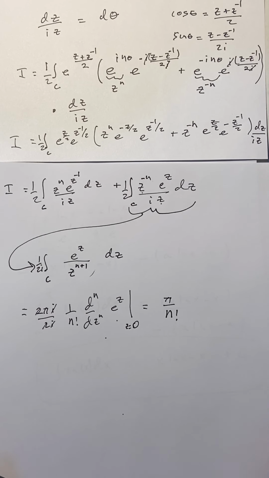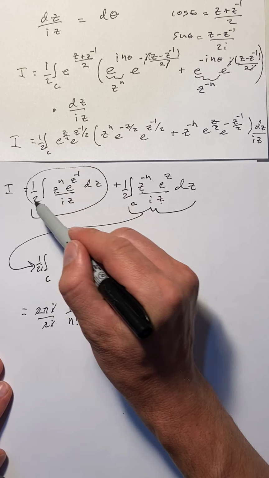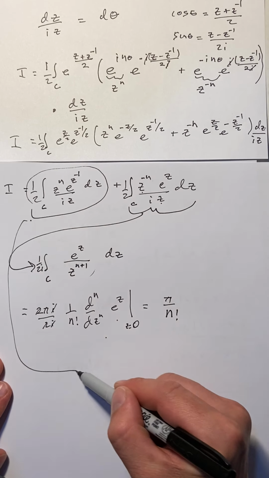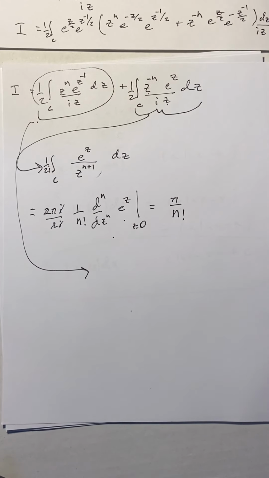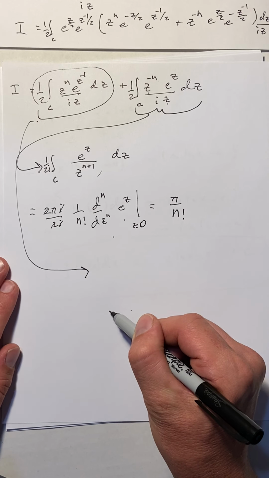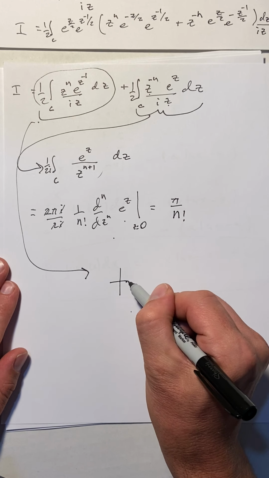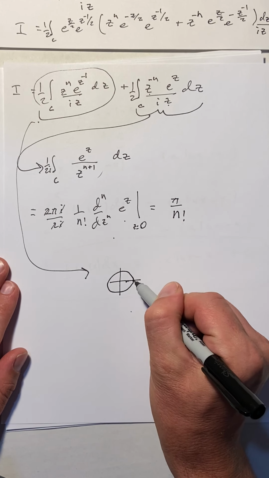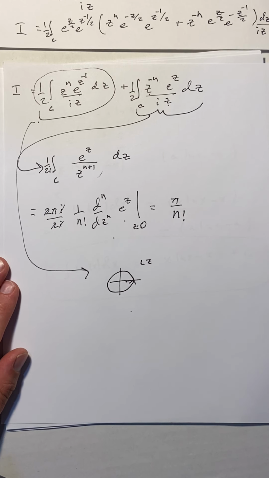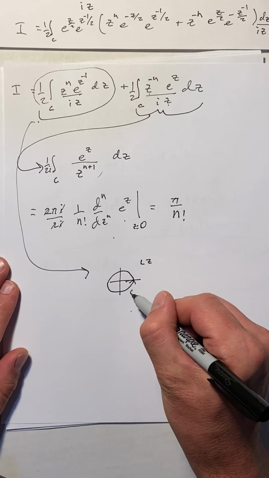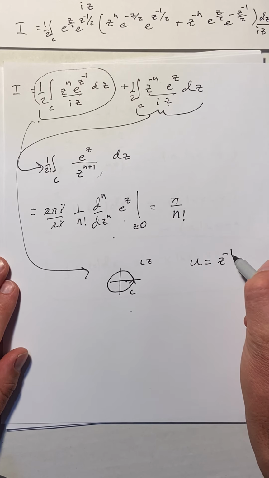Now there's a reason I did this integral first. Let's go ahead and take a look at this integral here. And I will scoot this up a little bit. So, this integral, remember C is a unit circle in the z-plane. I'm going to make a variable transformation now. I will say that u is equal to z to the minus 1.